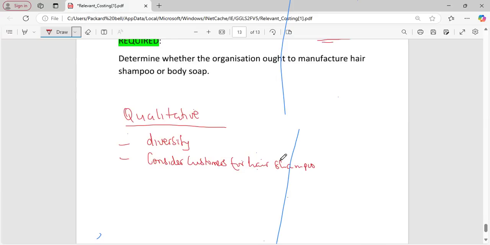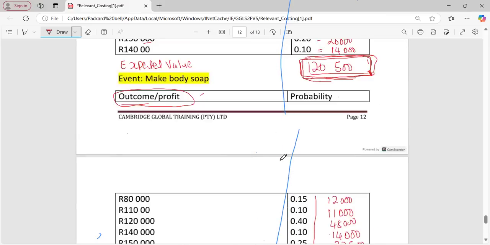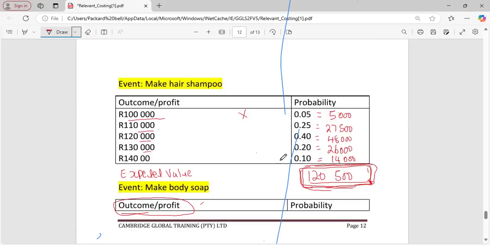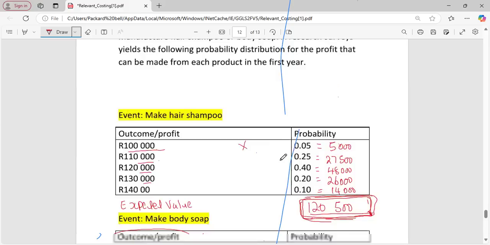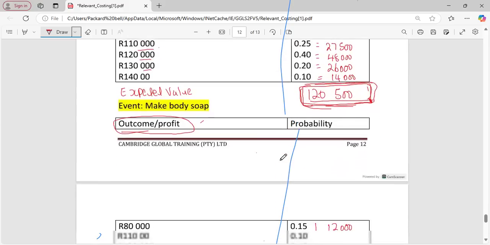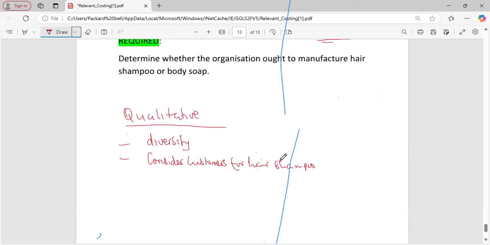What else can we there is no quality here. I think we should also consider the customers, yes, it's there.